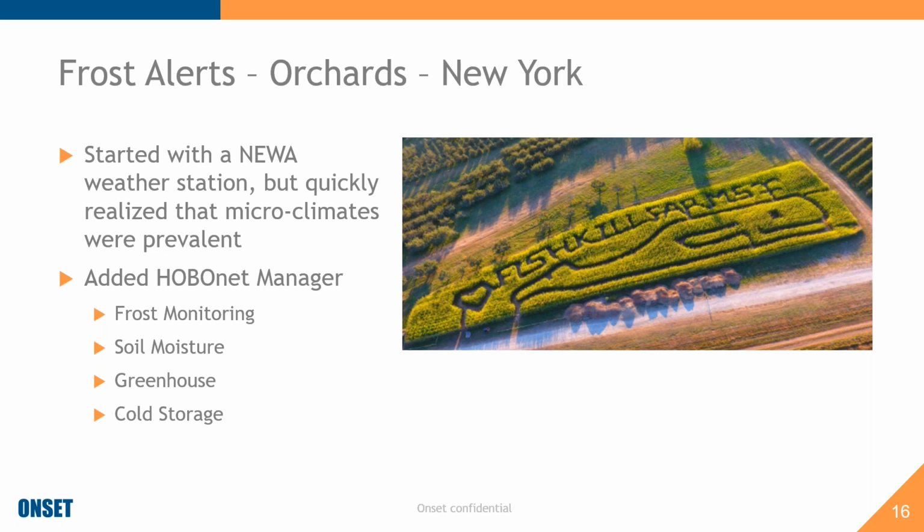NEWA is a crop and pest model service started by Cornell University, which will take data from a weather station on your farm that is then uploaded onto their service. So then you can get hyper-local crop, pest, and irrigation forecasts, along with advice on how to manage these threats.